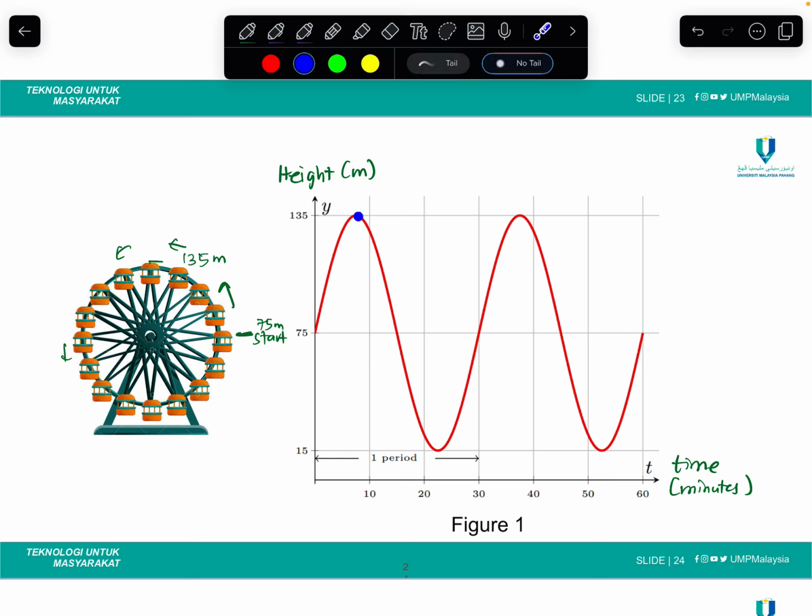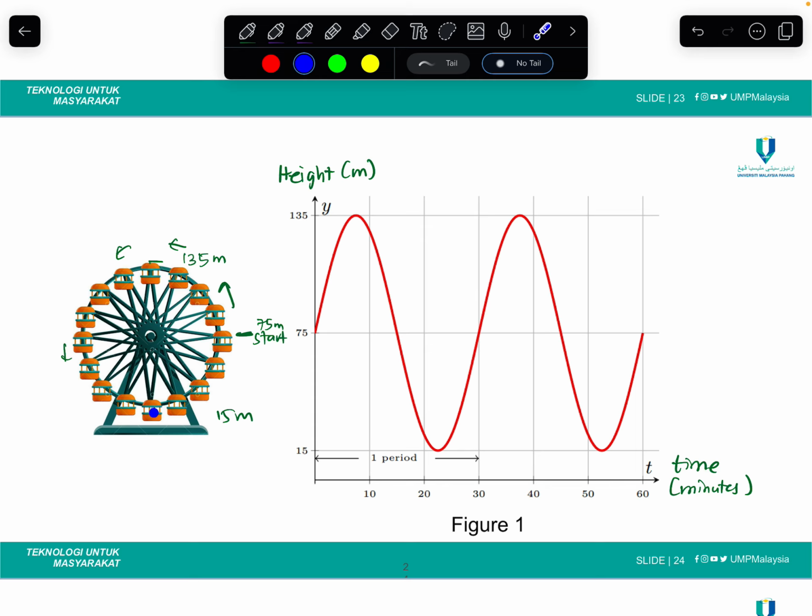After it reaches the maximum point, it goes down until it reaches the same level as the starting point, 75, and it goes down again until it reaches the minimum value of 15. So the height here is 15 meters.